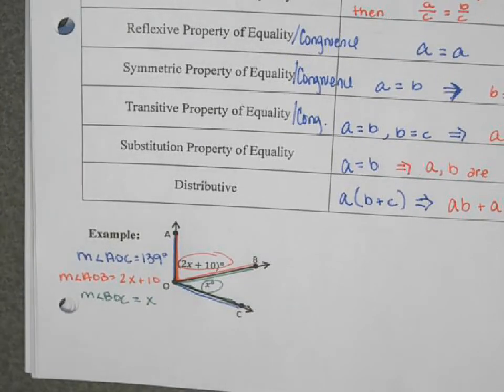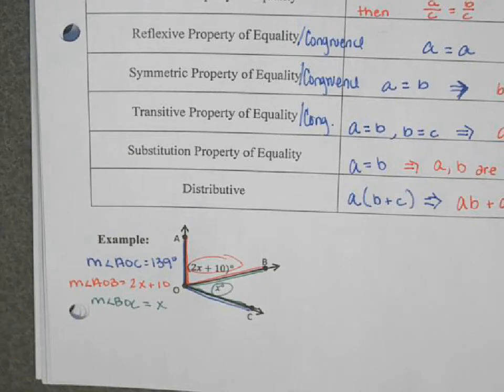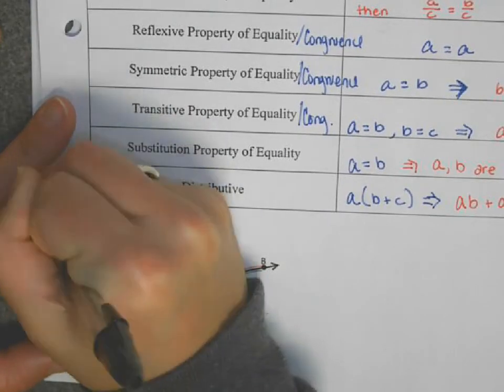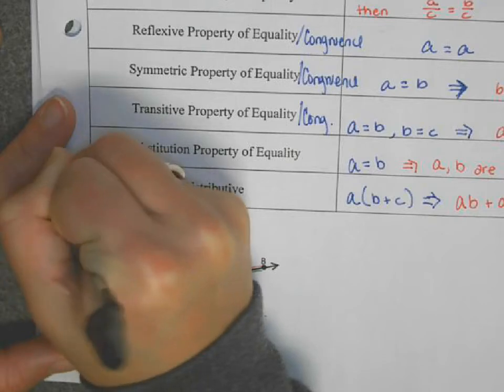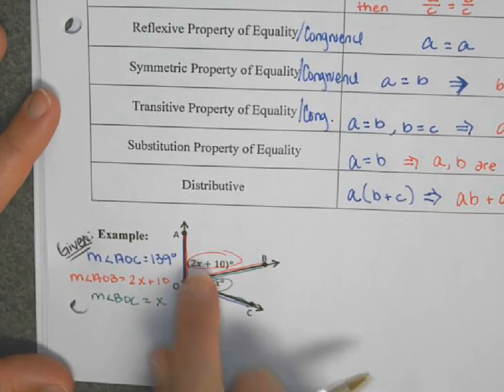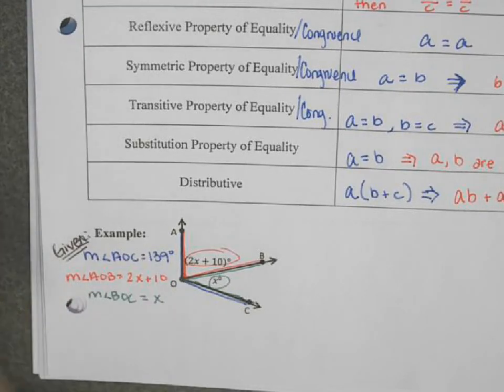Okay. So those are all givens. Those would be given to you. Now, the AOB and the BOC we were able to come up with because it was given in the diagram. But the measure of angle AOC would have also been given to you.